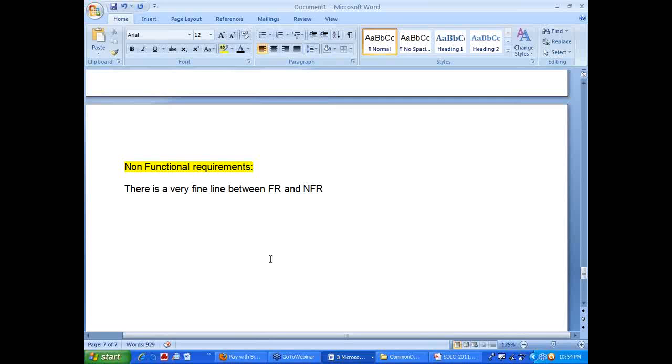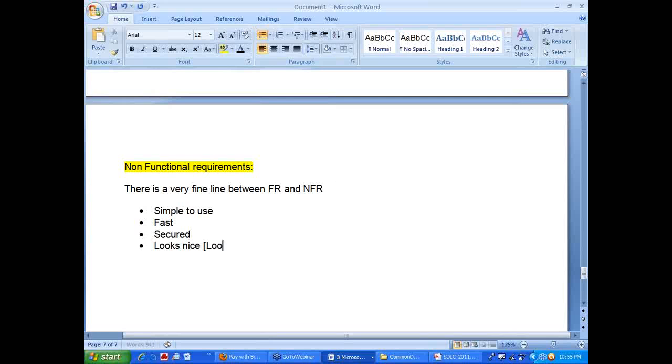Once again, we'll take a product-based approach. How will you describe a product? For example, a website. How will you describe a website to your friend? Potentially you can say: simple to use, easy to use, fast, secure, looks nice.